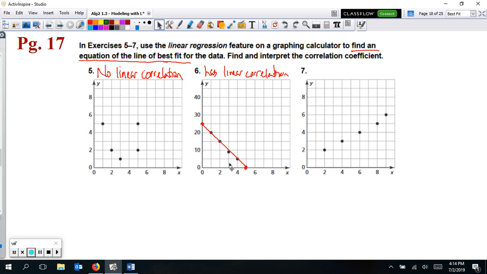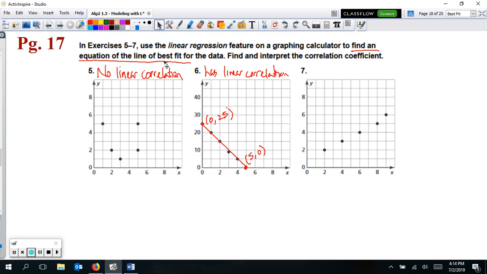I got this one a little bit below it, but some of these other ones are pretty close to or even on the line. I can see two points, a y-intercept and an x-intercept. I can use those points, (5, 0) down below, and then (0, 25) up there.